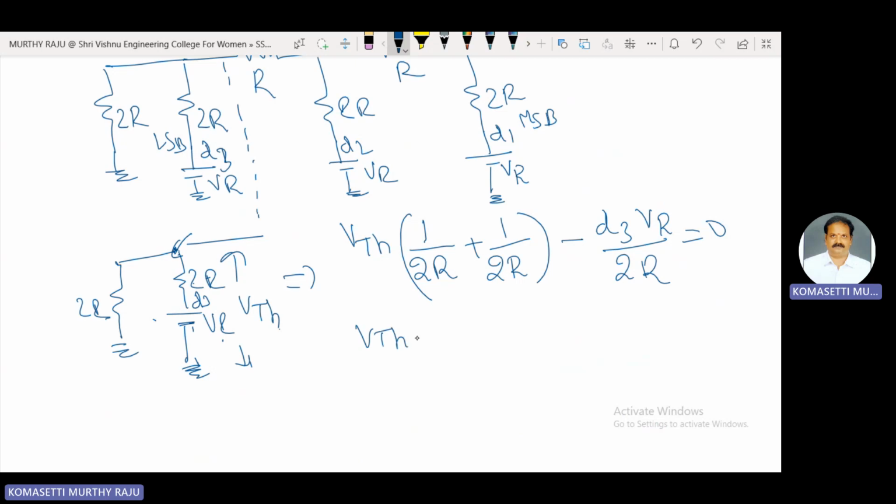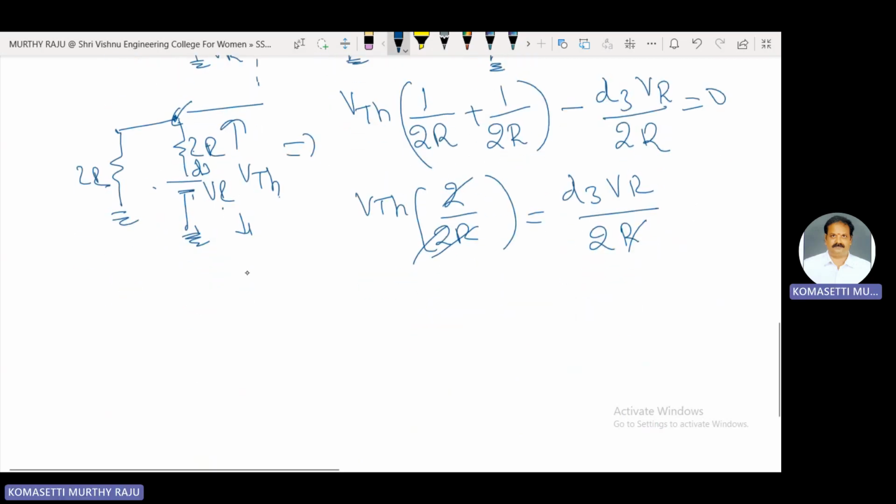Therefore VTH into 2 by 2R is equal to D3 into VR by 2R. The 2 cancels and R cancels. Therefore VTH is equal to D3 into VR by 2.